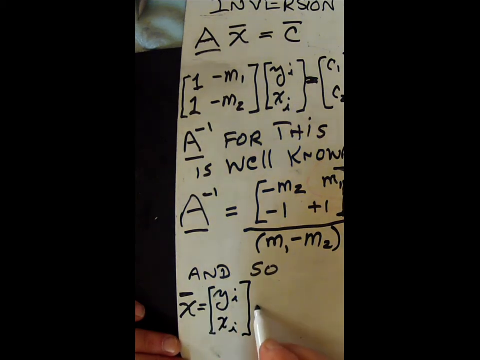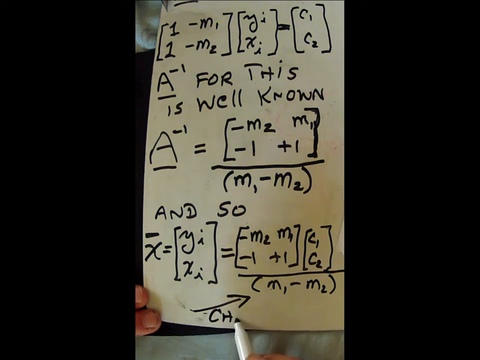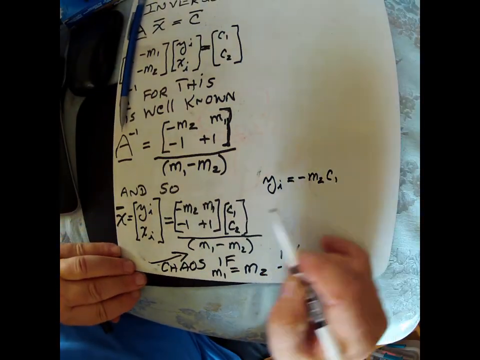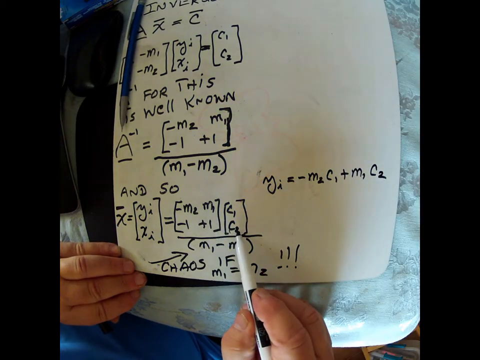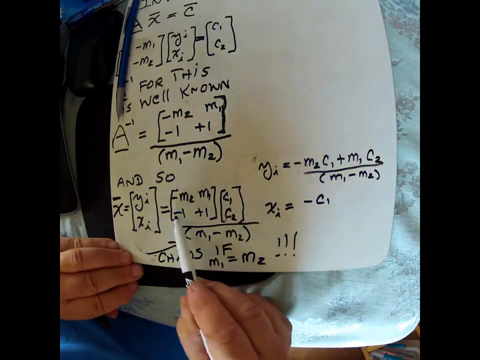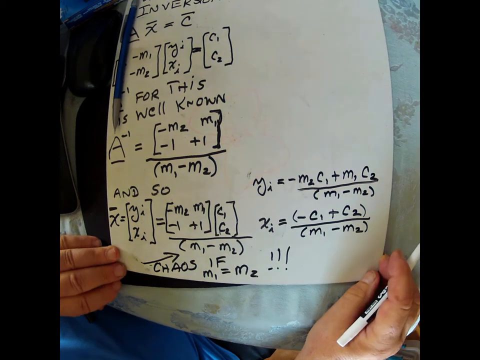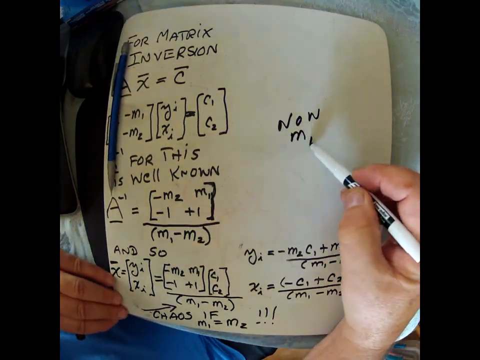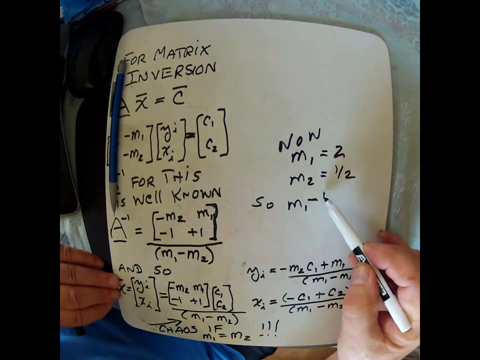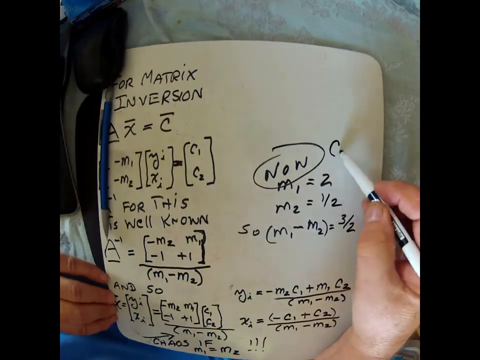So there's the inverse, A inverse, and if you multiply it times the constant vector, you'll see that once again in the denominator you're going to end up with chaos if the slopes are equal. And if you multiply out the matrix solution, you'll get the same solution that you received using algebra. So the first solution is xi equals 0, and the second solution, y, is going to be equal to 1.